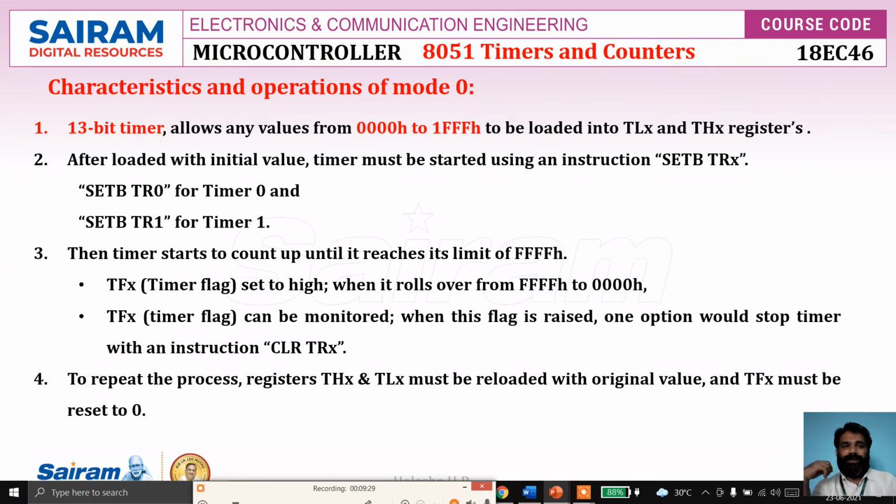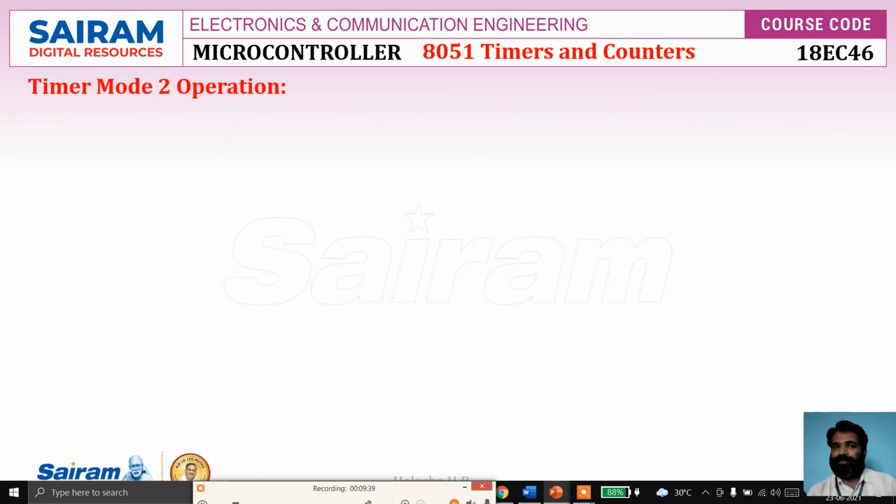So to avoid reloading the initial value, we have one more timer mode of operation, that is mode 2, timer mode 2 operation. In this mode, there is no need to load the initial value again and again.